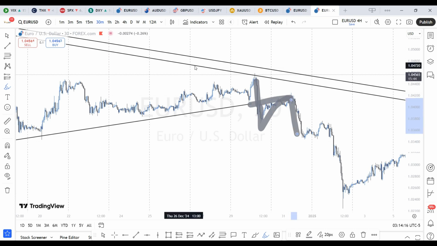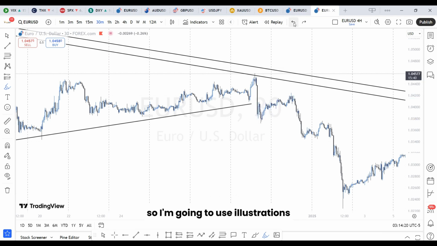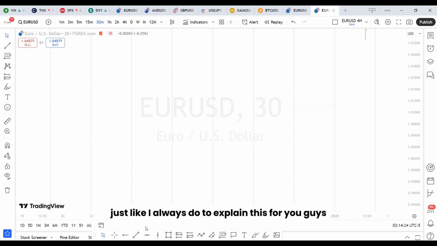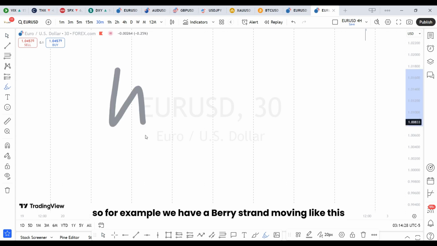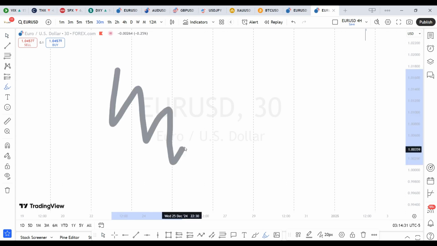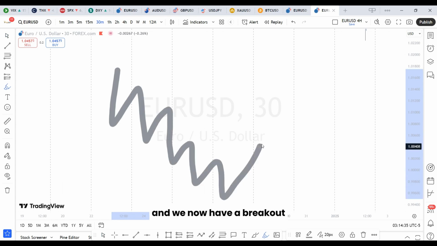So the market will most likely come back to retouch the trend and continue going in the other direction. So I'm going to use illustrations just like I always do to explain this for you guys. For example, we have a bearish trend moving like this, and we now have a breakout and the market now comes back like this.